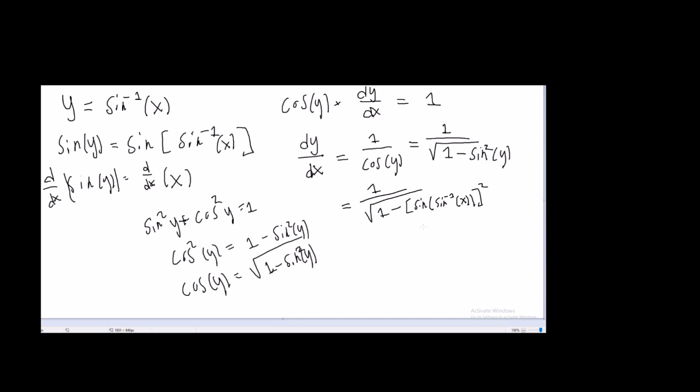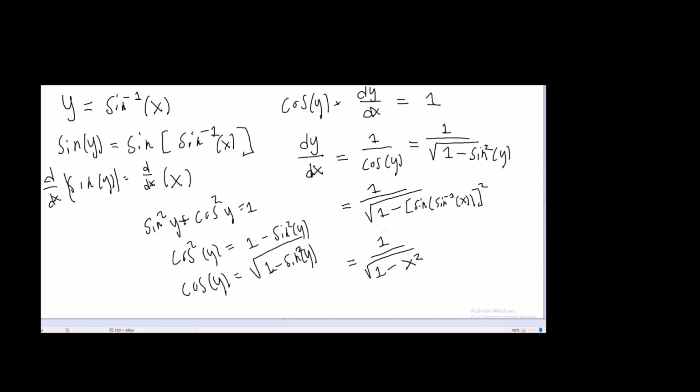And as we've already established, this will always spit x back out if we have a function of its inverse function. So this is equivalent to 1 divided by the square root of 1 minus x squared.